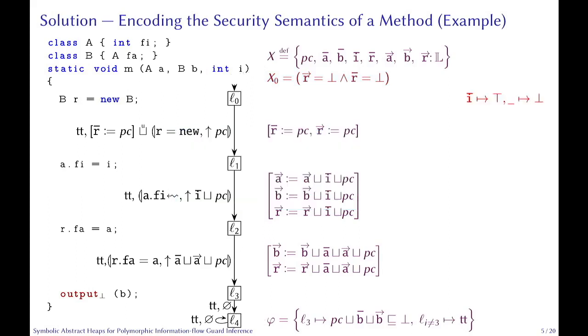So to exemplify a bit more the semantics of this, we can start with a tiny execution. We have I here. We say that the information given to this formal argument I is secret. Okay, so it's high level. And if we move from L0 to L1, we can do this because its guard always holds, like every guard in this symbolic system.